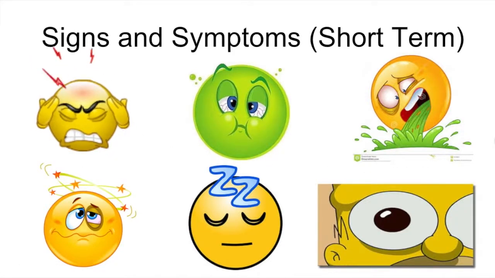The signs and symptoms of a concussion can be separated into short-term and long-term. Every concussion is unique, and each individual suffering from this injury will have a different reaction due to their affected anatomy and physiology. The short-term signs and symptoms include, but are not limited to, headache, nausea, vomiting, dizziness, fatigue, abnormal sleeping patterns, drowsiness, and pupil dilation.